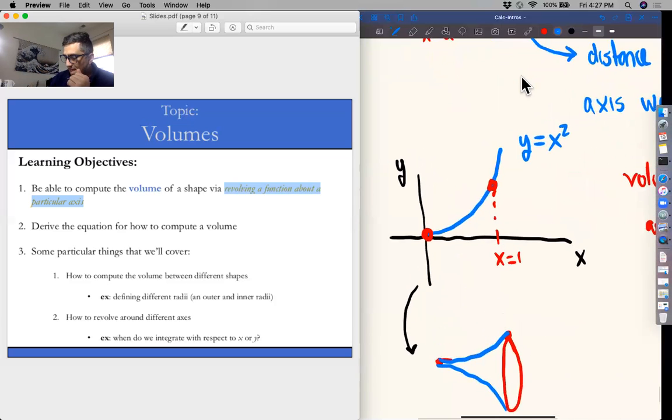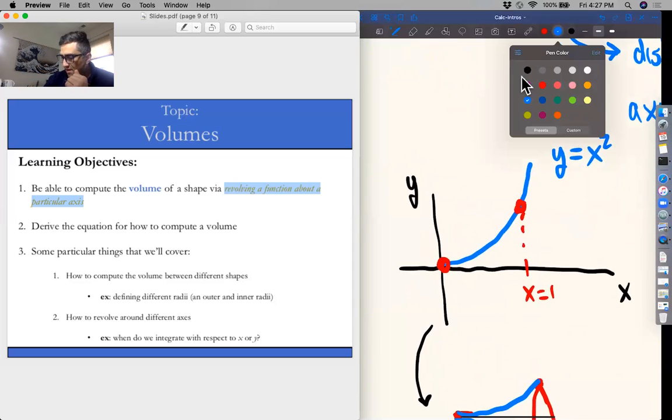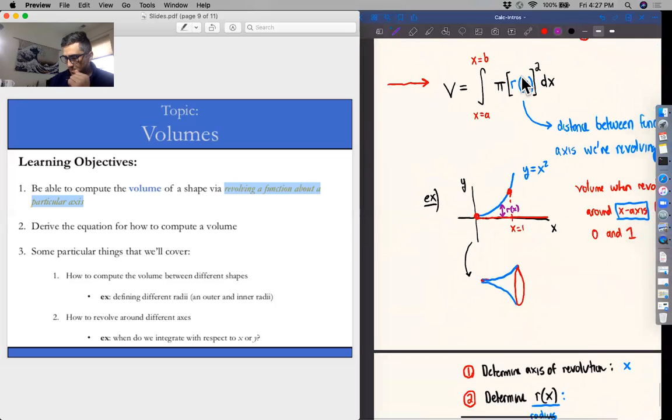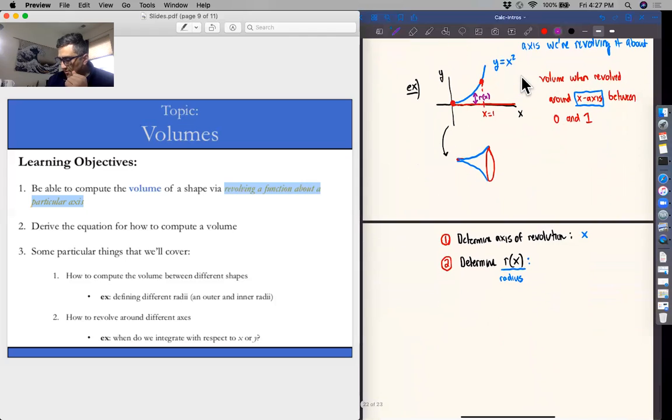So for us in this case, if we zoom into our function, our radius is defined as the distance between our function and the axis we're revolving around, which is that x-axis. So in this particular example, our radius function is going to be equal to the distance between the function and the axis of revolution.